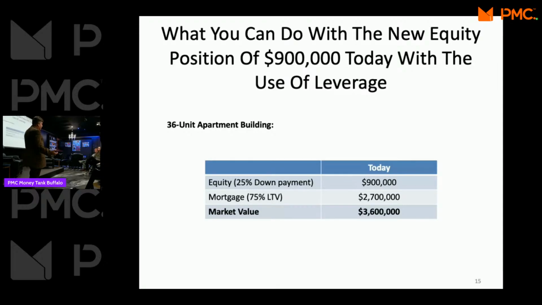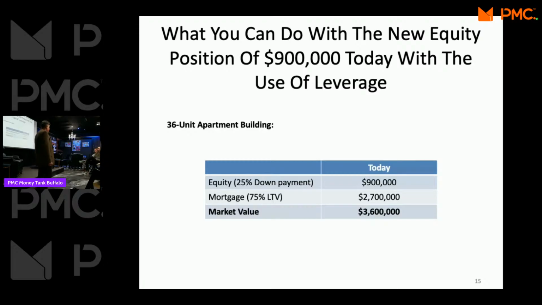And with 900,000, to be smart, you can say, okay, with the use of leverage, 900,000 divided by 0.25, the equity down payment requirement, because any lender will lend 70 to 75% LTV, right? So if we use 75%, that means we can get a mortgage of 2.7. We can control $3.6 million worth of real estate.